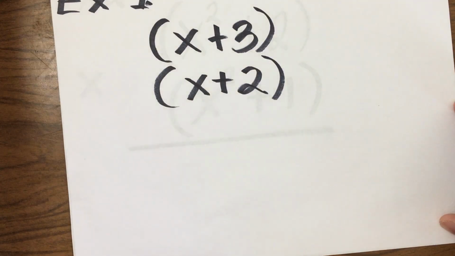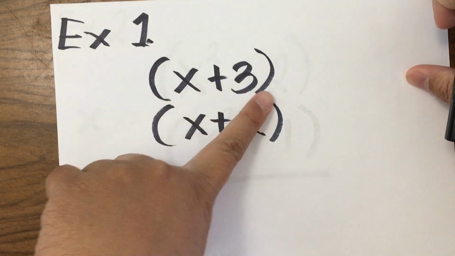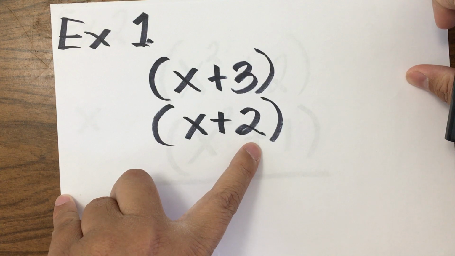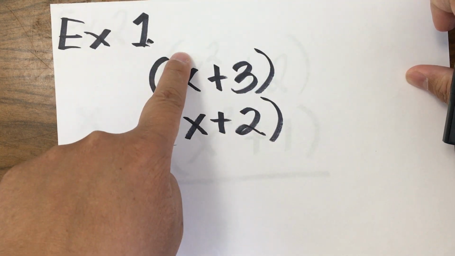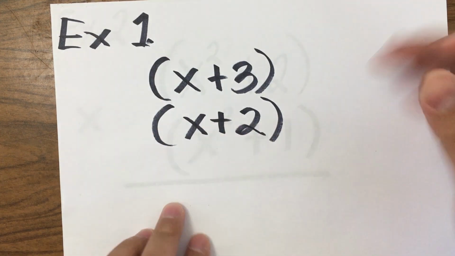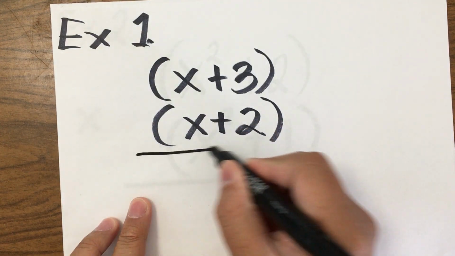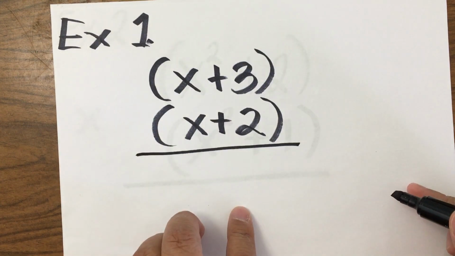Now let's apply this knowledge in multiplying binomials. So in example number 1, we have x plus 3, x plus 2. Think like these are your ones and these are your tens. So we start with our ones. So let me just draw a line in here. 2 times 3 is 6.